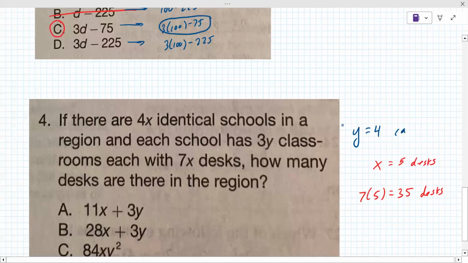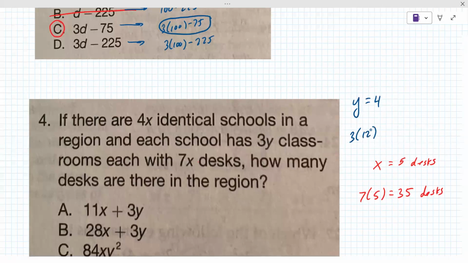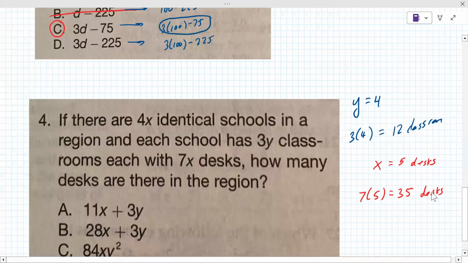Let's keep it simple there. How many classrooms does it have? 3Y, 3 times 12. 3 times 12 or 36. I'm sorry, 3 times 4. Let me start over there. 3 times 4 or 12 classrooms. How many desks are in each classroom?